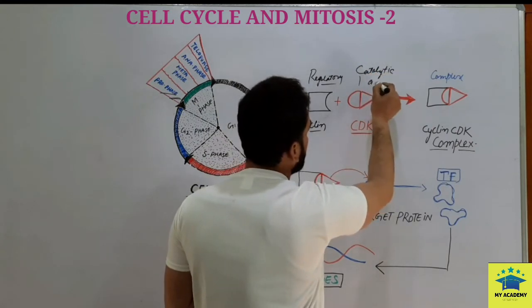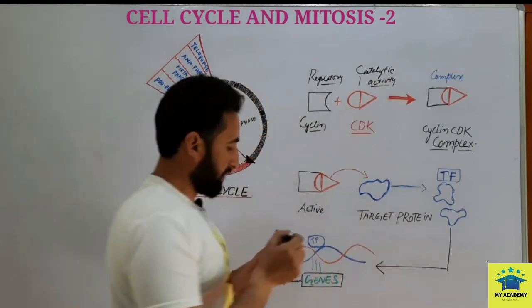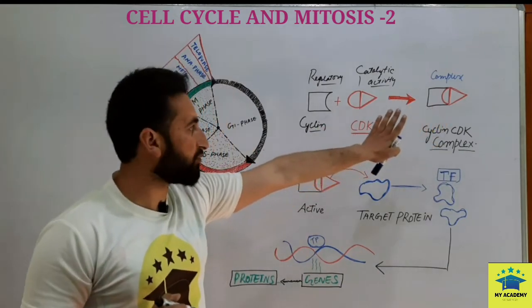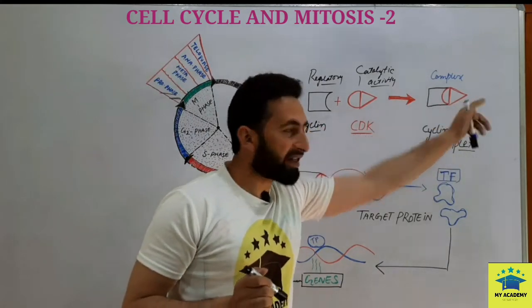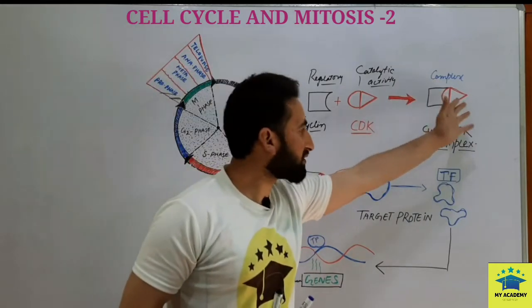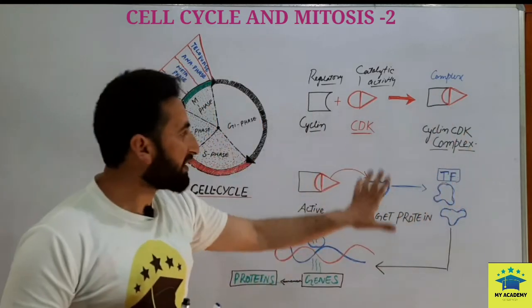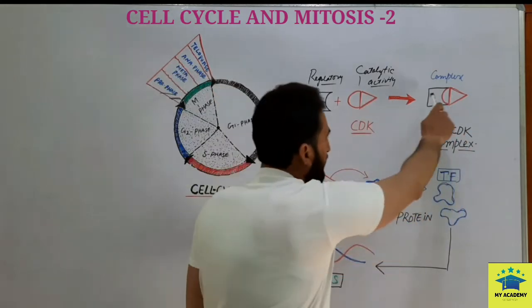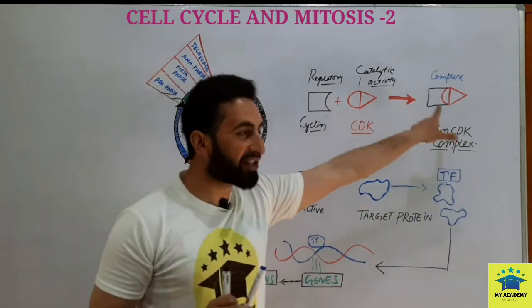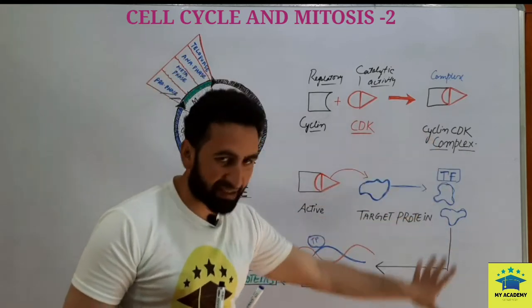When this cyclin and CDK complex is formed, the kinase gets activated. When it gets activated, it phosphorylates the target protein. Phosphorylation means it adds the phosphate group to different kinds of target proteins in the cell.